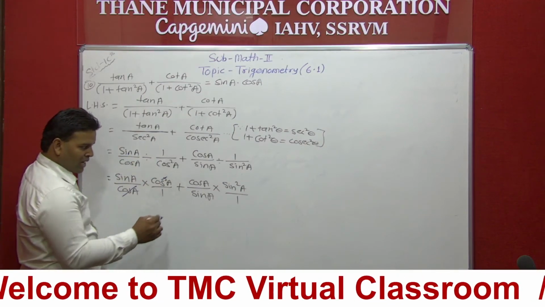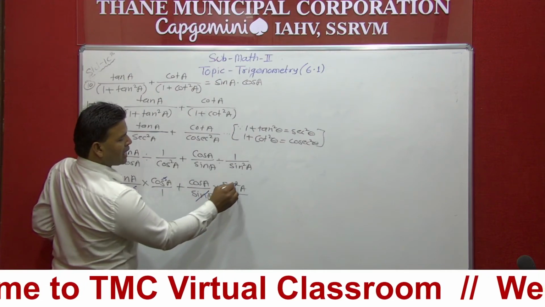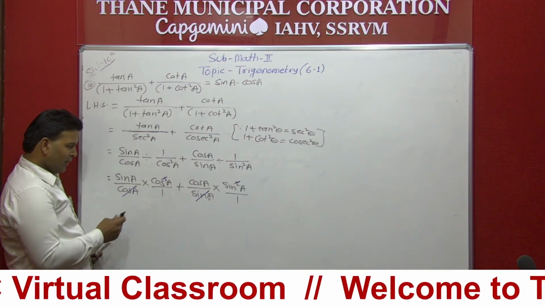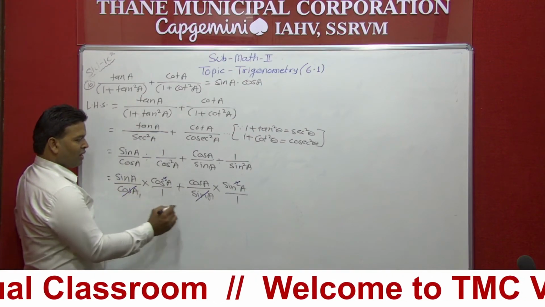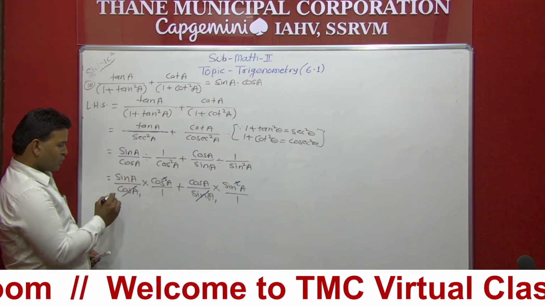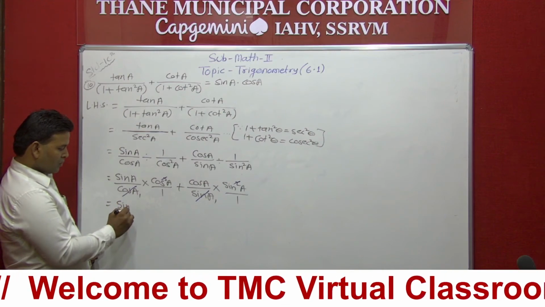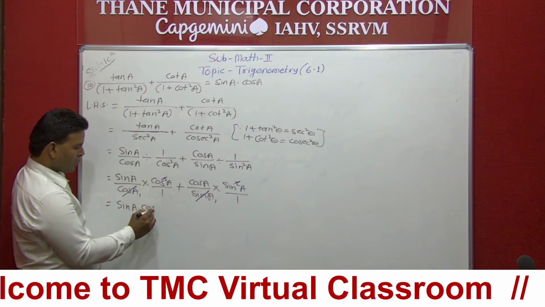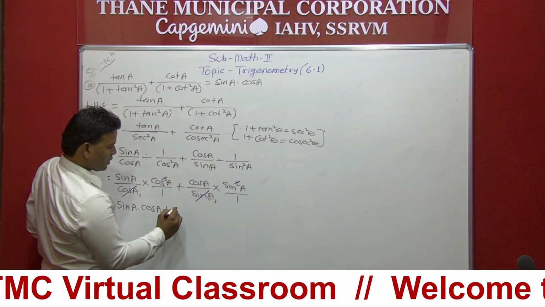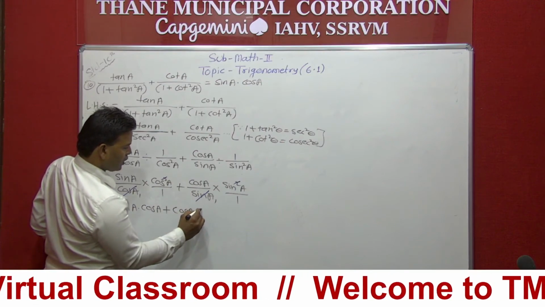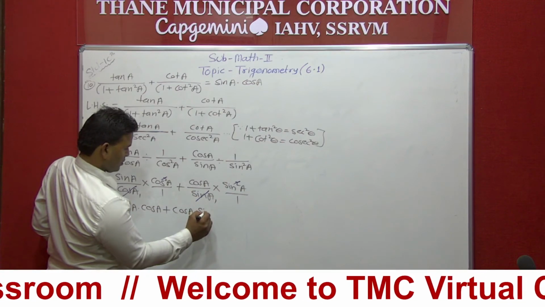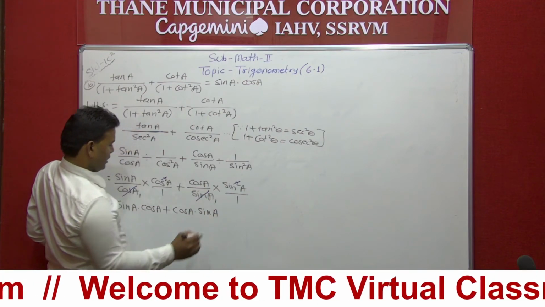Similarly here, sin A and sin square A, one sin A will get cancelled. Finally in the denominator we have 1 and 1, and we will multiply this. So what happened here? Sin A dot cos A plus cos A dot sin A.